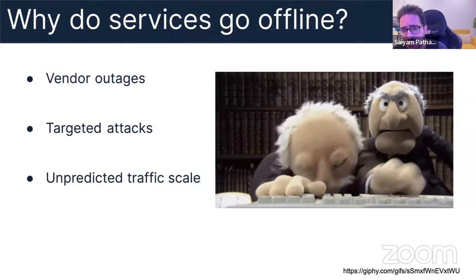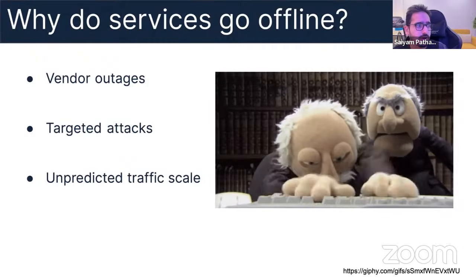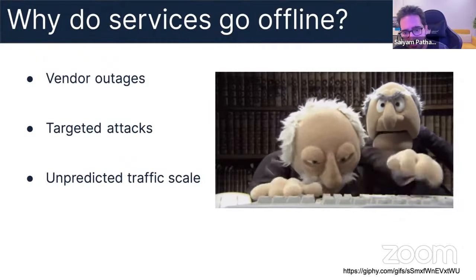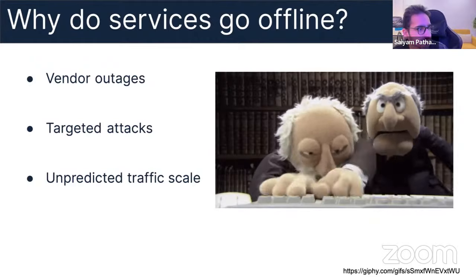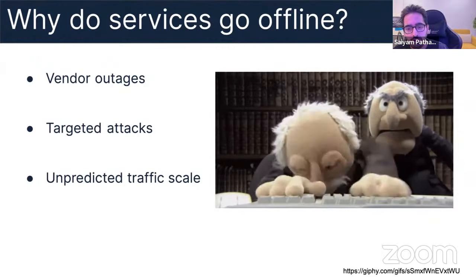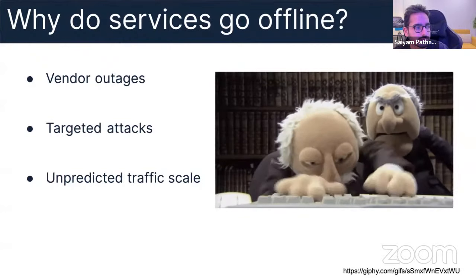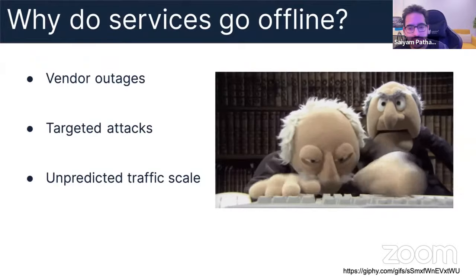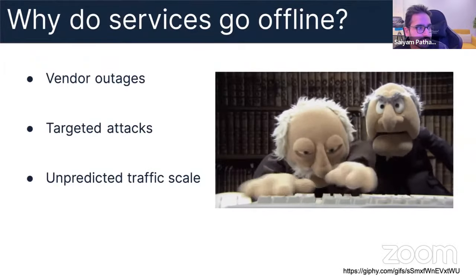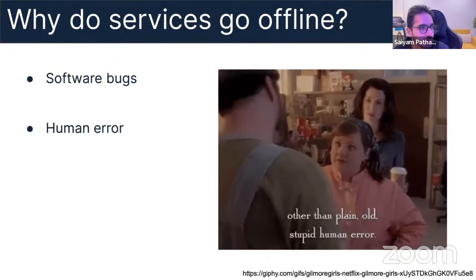Yes, there can be targeted attacks, like DNS attacks on some of the compute instances or some of your workloads. Unpredicted traffic spikes: whenever there is a big holiday season like Christmas, or the famous Black Friday sale, you can have unpredictable traffic, and that can lead to services not being able to handle the traffic and going offline.